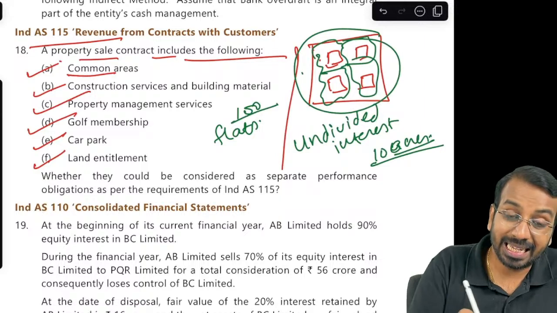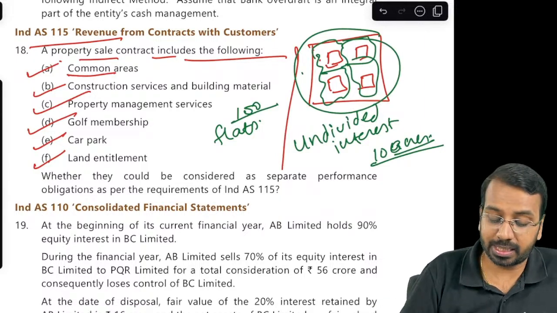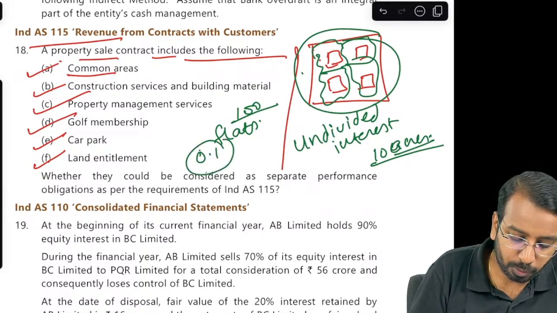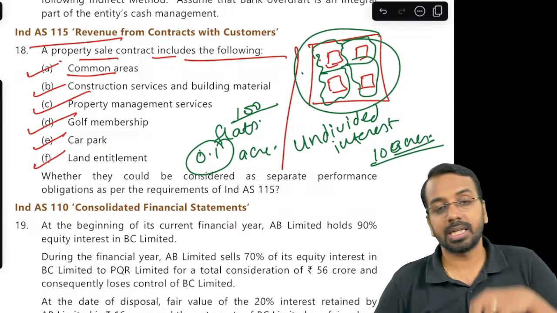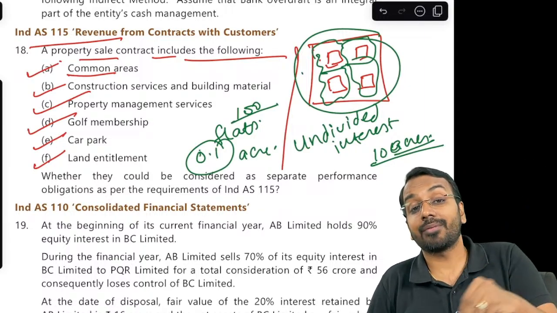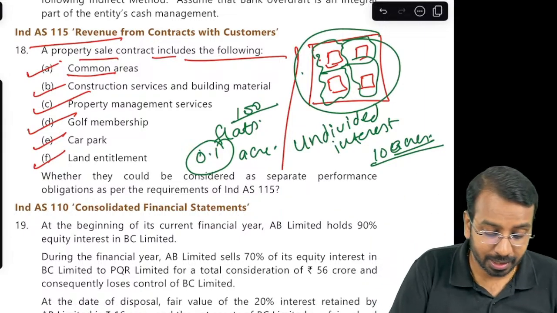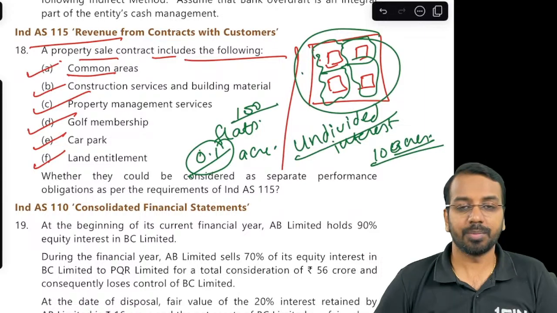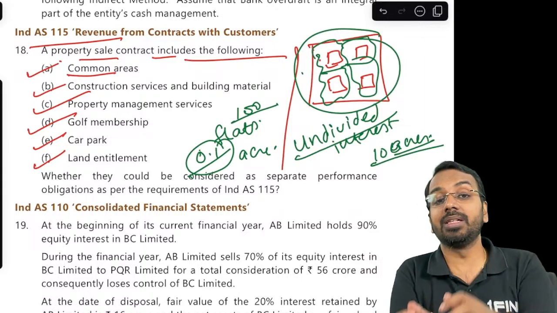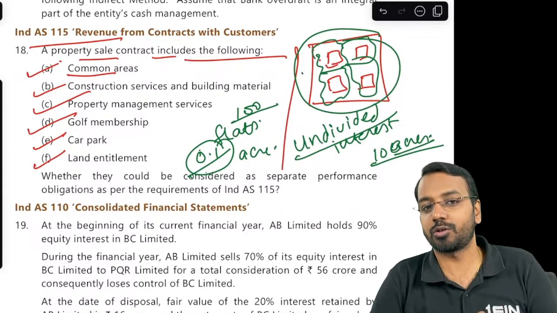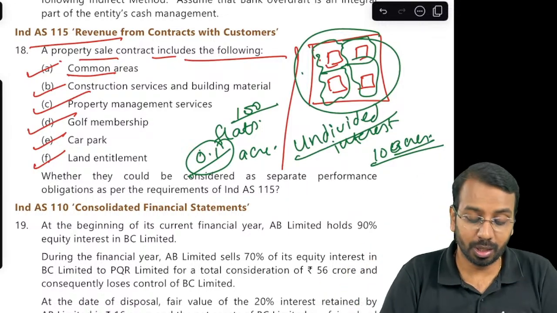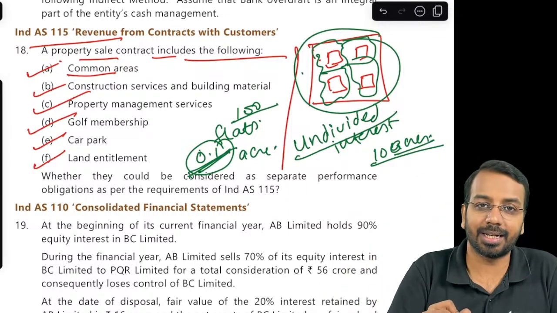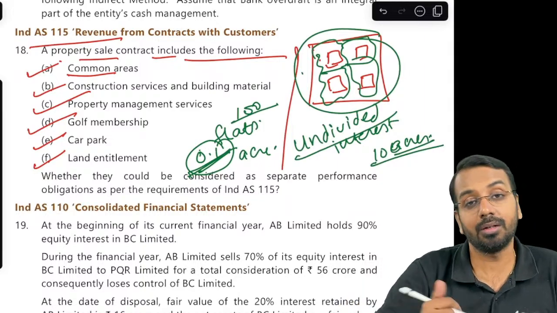Now, each flat, if they are of equal size, will have a right over 0.1 acre. When you are buying a flat, you also have an ownership right to 0.1 acre of the land. But it is undivided. You cannot go and say, I will sell this 0.1 acre of land, that belongs to me. That is not there. In the common pool, you have 0.1 acre right. So that is also sold along with the flat.